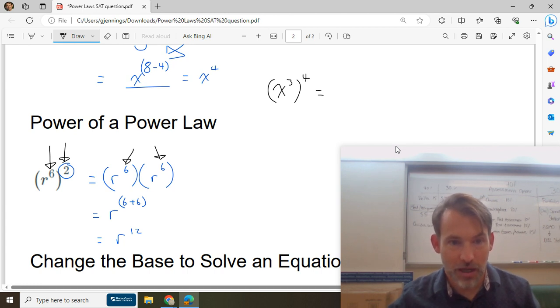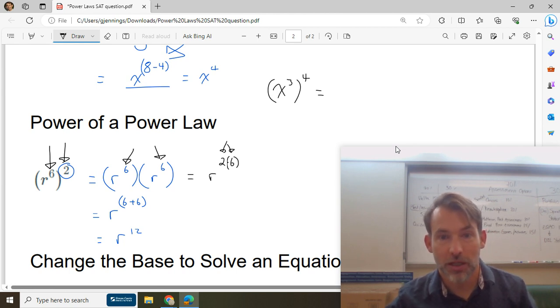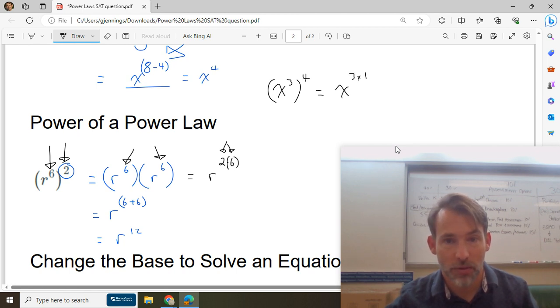So in this case, I can actually write that as r to the 2 multiplied by 6. When you're raising a power to a power, you multiply the exponents together. So actually here, x to the 3 to the 4, I'll have x to the 3 times 4, and that will give me x to the 12.